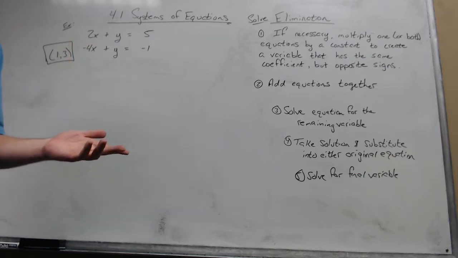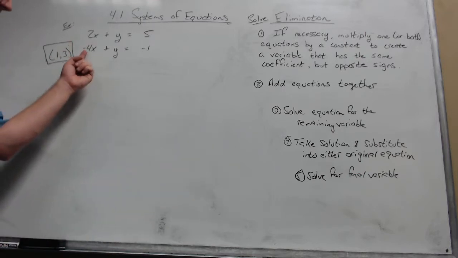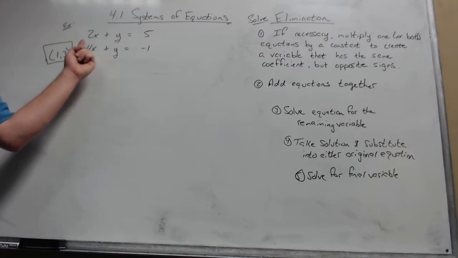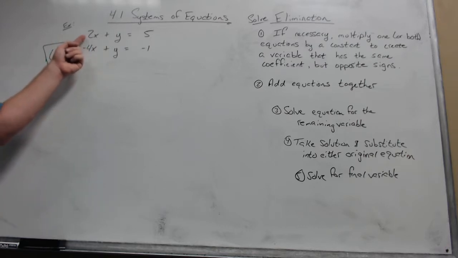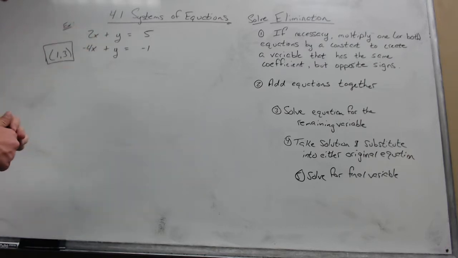should be 4. So this coefficient here, this negative 4x, this is a happy coefficient. It's exactly where I want it to be. But I can change this coefficient. I can make it a 4, and I would want it to be a positive 4, so it has opposite signs. So I'm going to try to make this coefficient a positive 4. I don't really care about what happens to the rest of the equation.